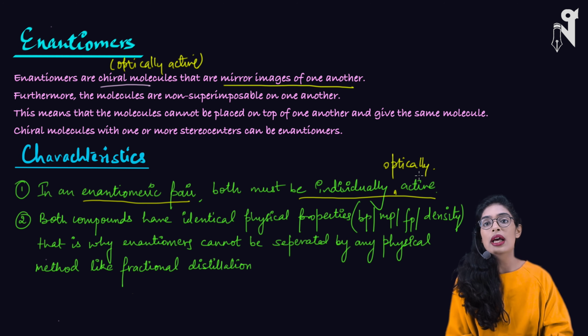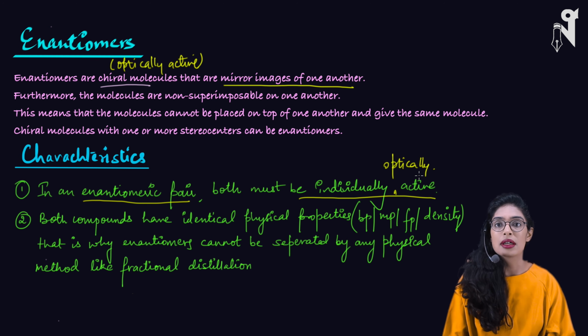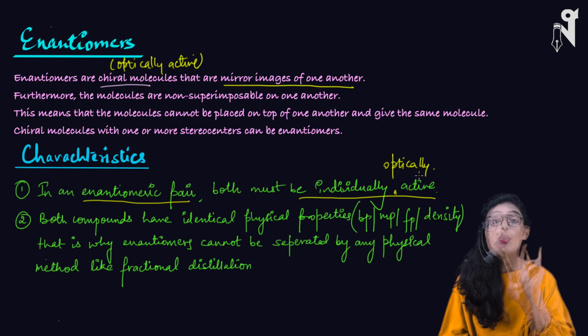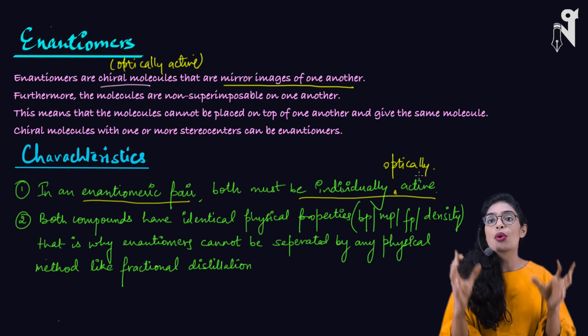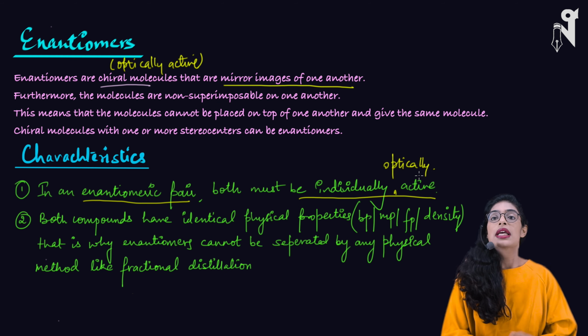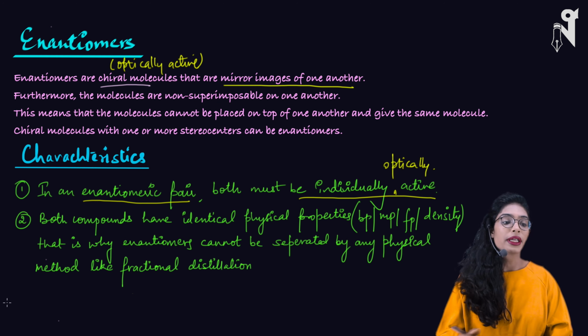When one molecule has optical activity, then the other molecule also must have optical activity. But we will see cases going forward. So basically here the mandatory condition is that both the molecules, the original molecule and its mirror image, must be individually optically active. That means individually they must be chiral and non-superimposable on each other.